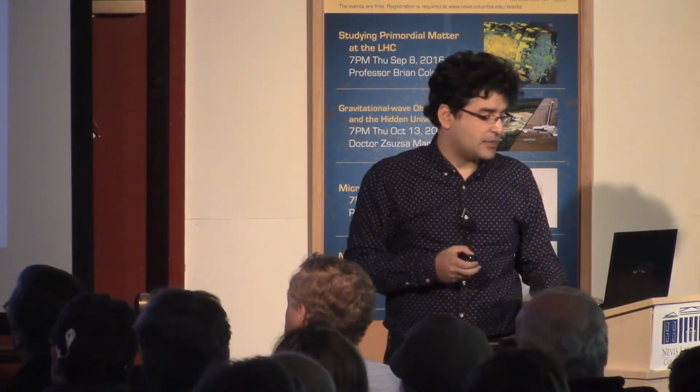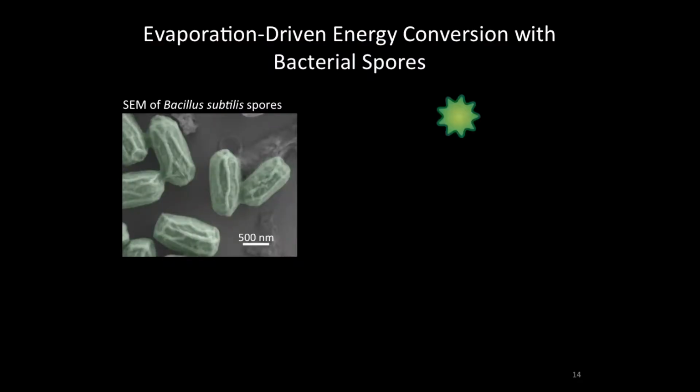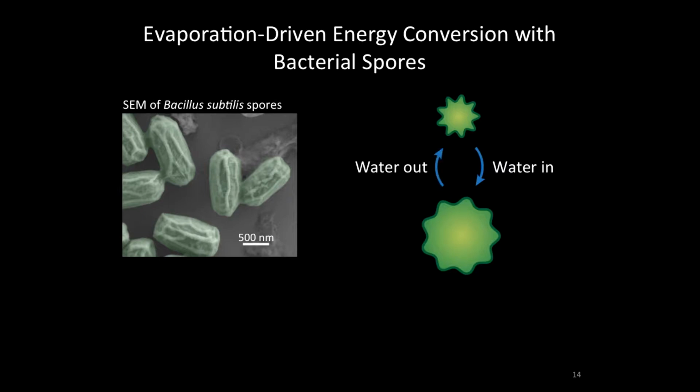So this cartoon illustrates that. Spores in a dry condition have a small diameter. If water goes in because of moisture, they get bigger. It's exaggerated, but they get bigger by 10% or so, and that's quite a big energy in it. And then if you put them back into a dry environment, they will shrink. And this is reversible, so they can go back and forth.